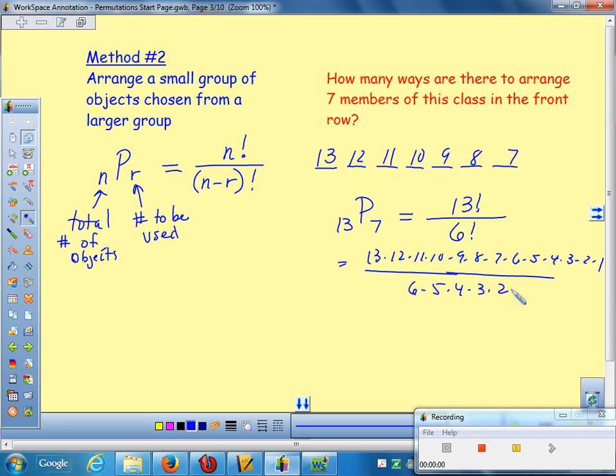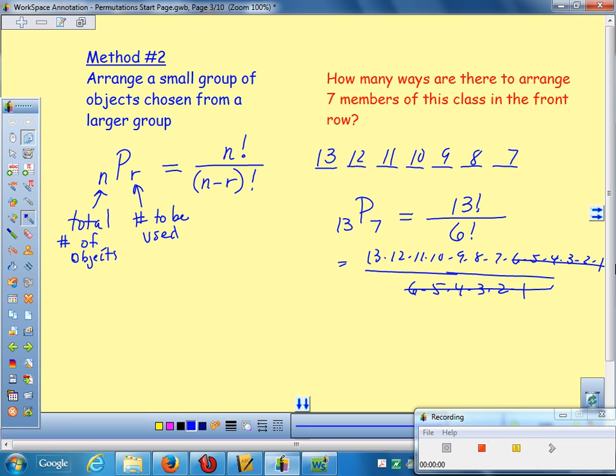What's going to cancel? If you actually write out all those factorials, what cancels? Doesn't 6 on down cancel? What are you left with? These first 7 numbers that we wanted up here in our blanks. So by telling it to divide the 2 factorials, you get the same result as saying, hey, take the first 7 numbers.